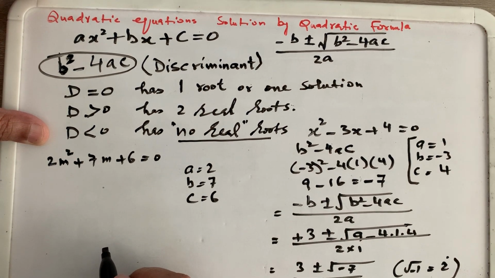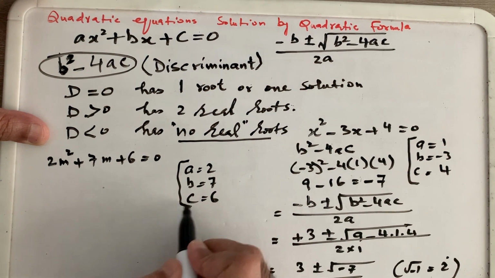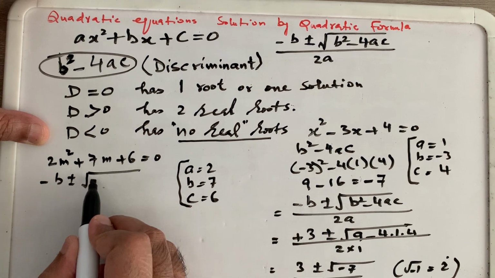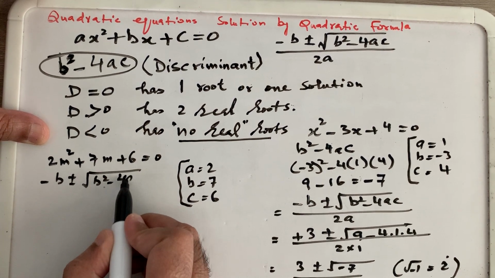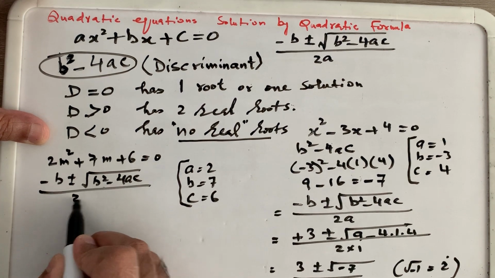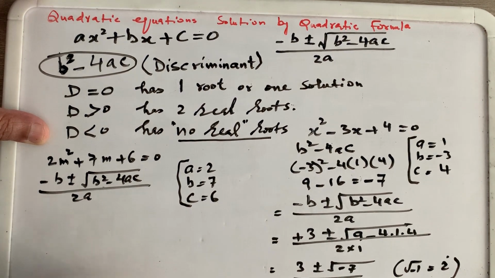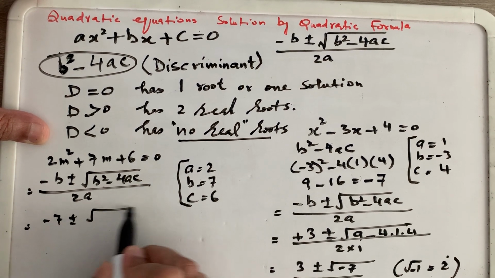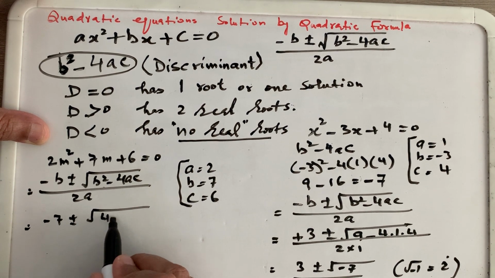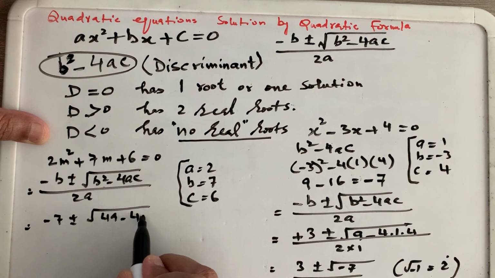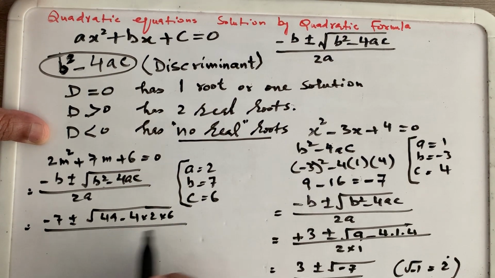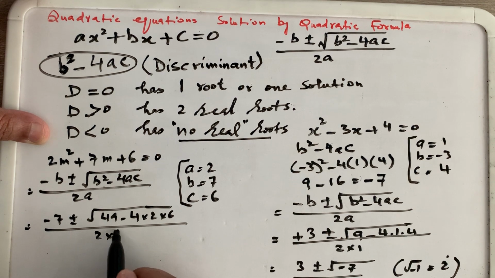I plug the values into the formula, and the formula is minus b plus minus under root b square minus 4ac, divided by 2a. Always write down the formula. Now we are plugging in the values. So minus b means minus 7 plus minus under the root b square, which is 49, minus 4 times a, which is 2, and c, which is 6, divided by 2a, so 2 times 2.